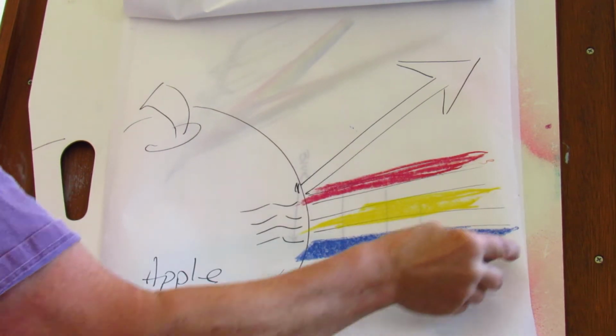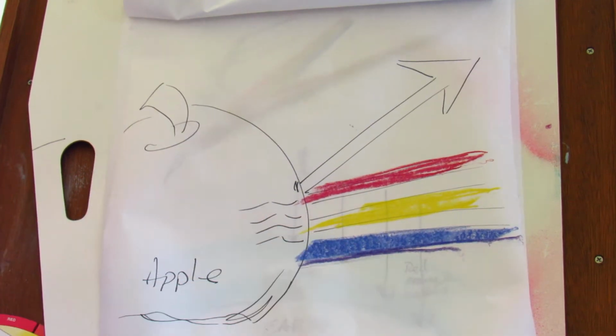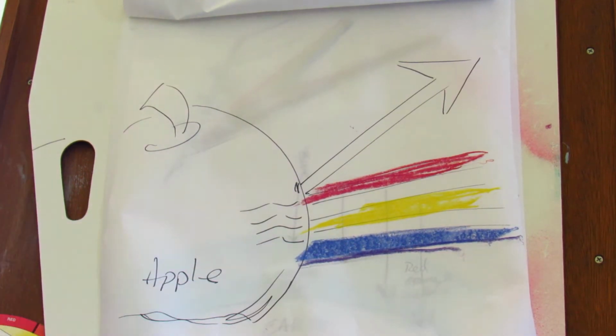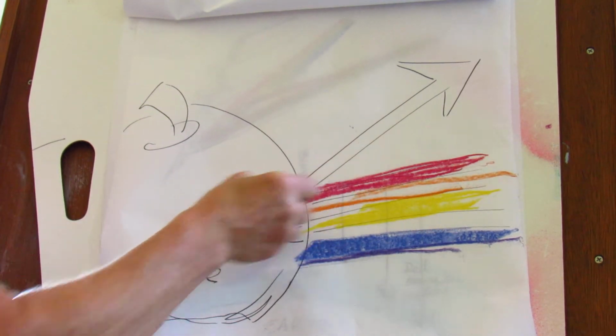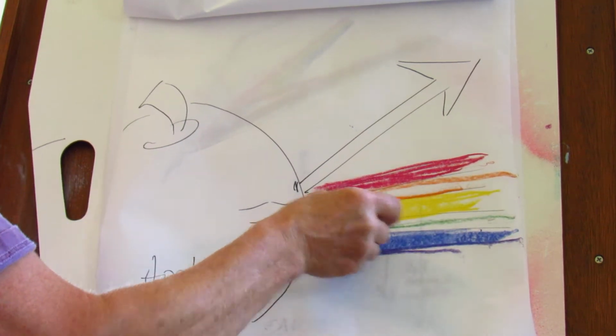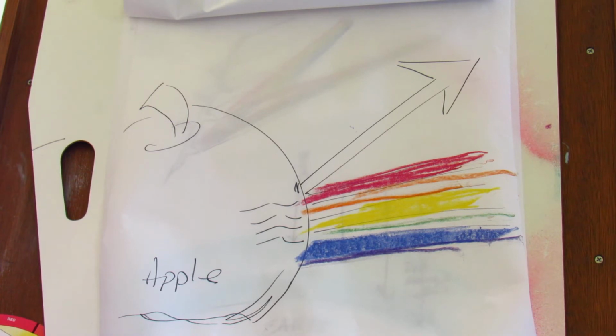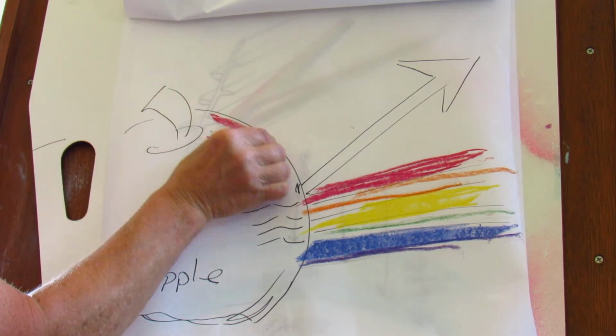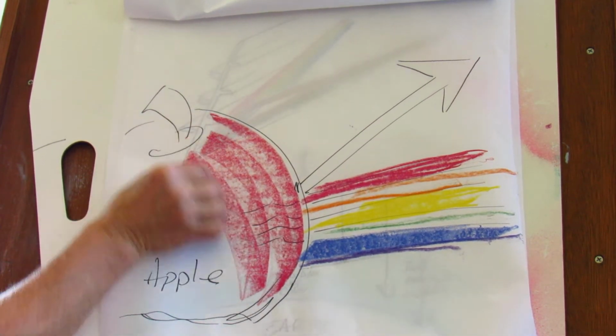We have purple. I'm going to get my orange. We have orange, and I have to find my green. And we have green. All coming at this apple, which looks red to us when we look at it.